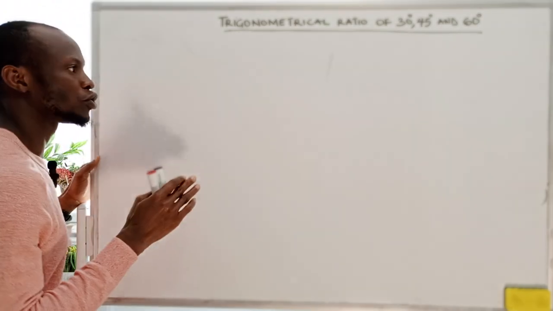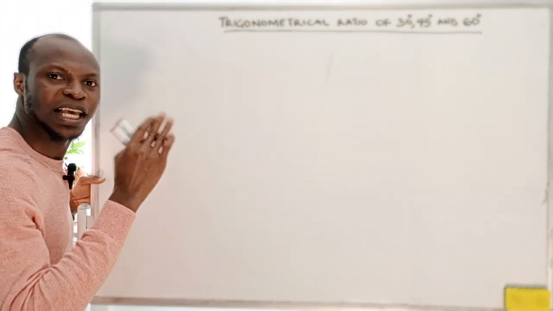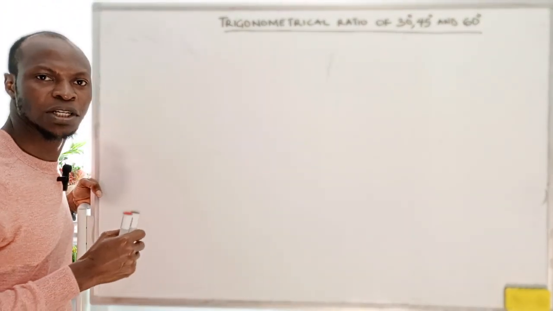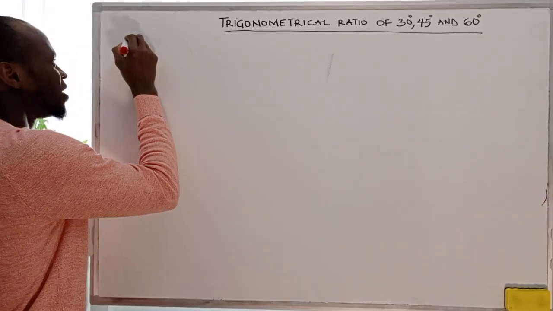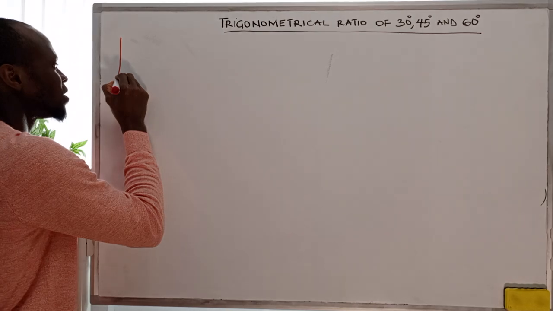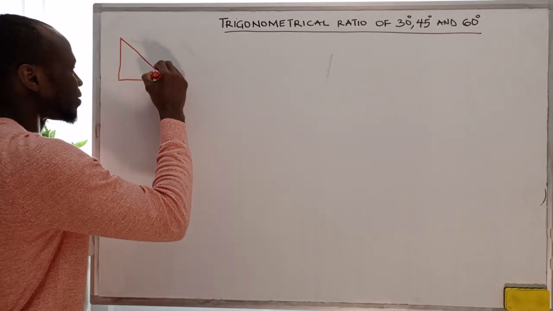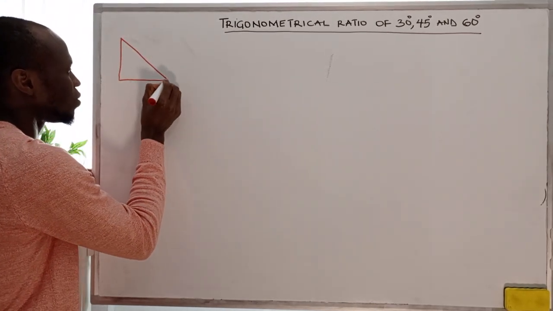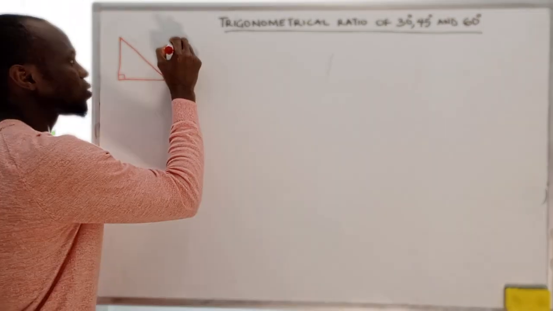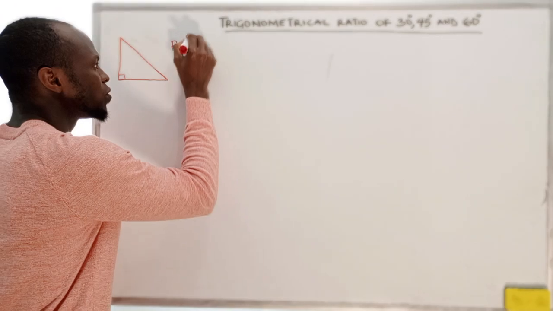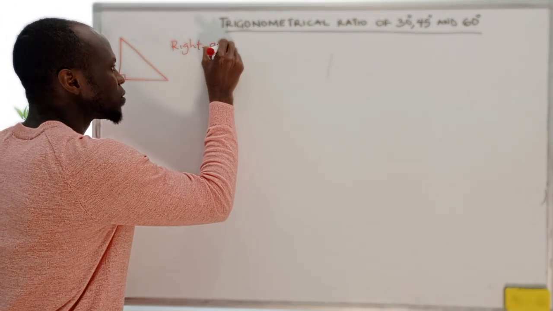Now, trigonometrical ratio of angle 45 degree is derived from a triangle known as right-angled isosceles triangle. If I have a right angle on the board, this is a right angle. A right-angled isosceles triangle.